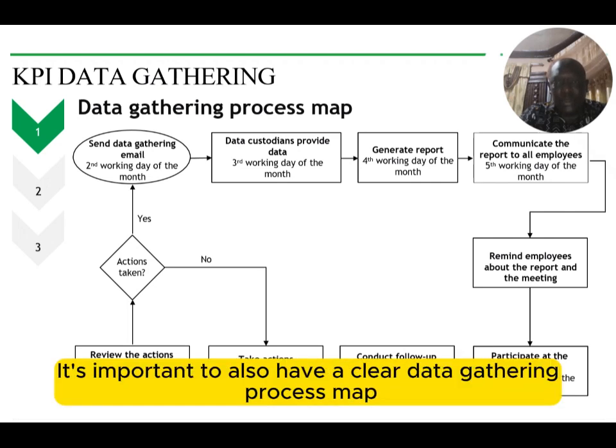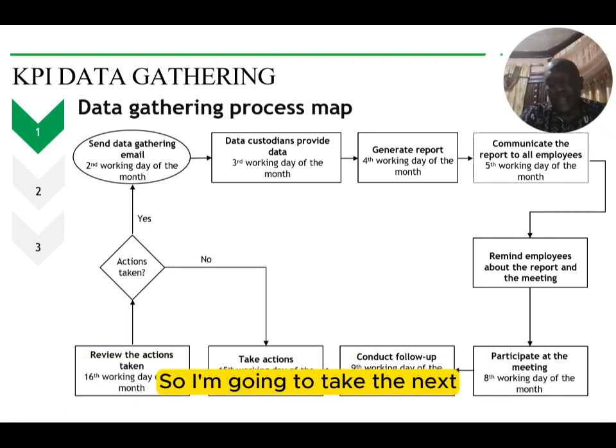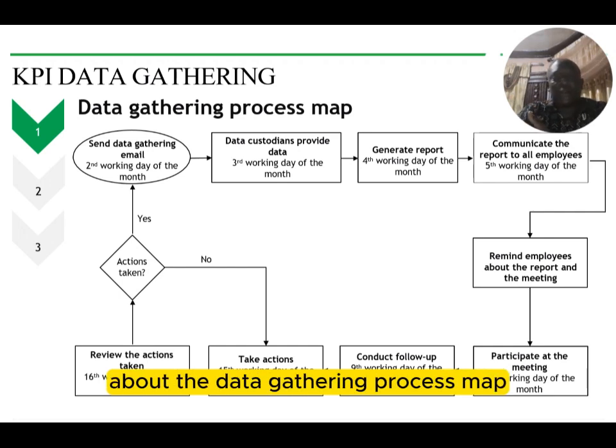It's important to also have a clear data gathering process map. So I'm going to take the next 5 to 10 minutes just to talk about the data gathering process map.